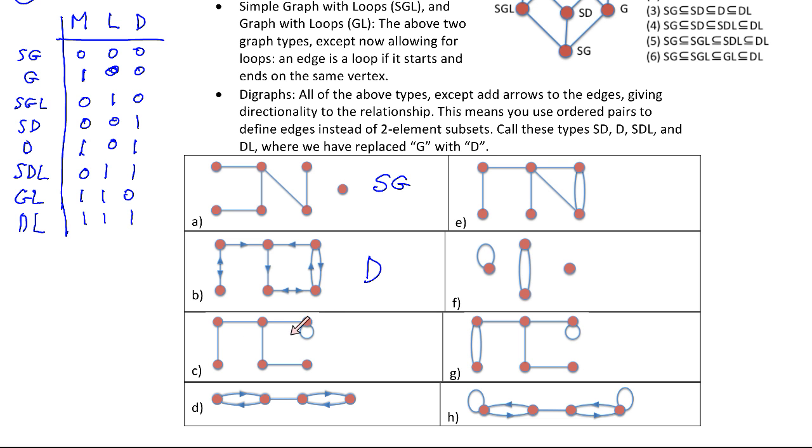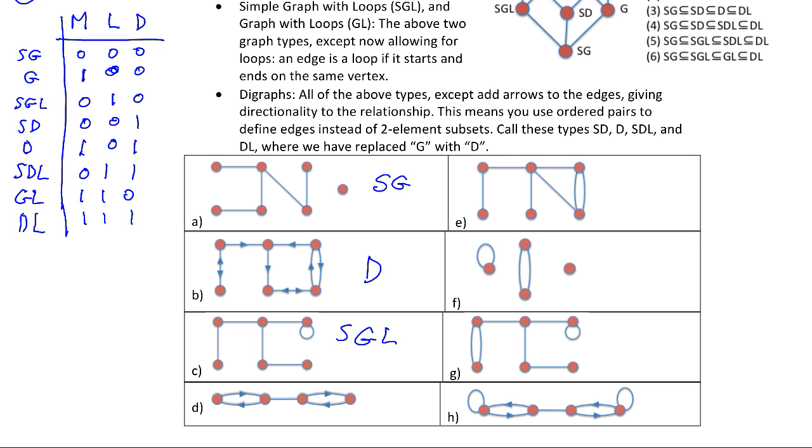It has loops, and it doesn't have directed links, so it's a simple graph with loops. It has a 0 in the M column, a 1, and a 0. 0, 1, 0 is a simple graph with loops.